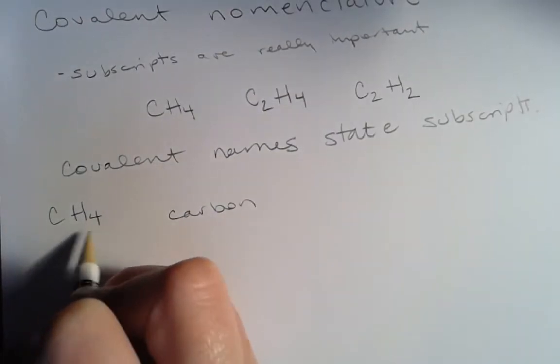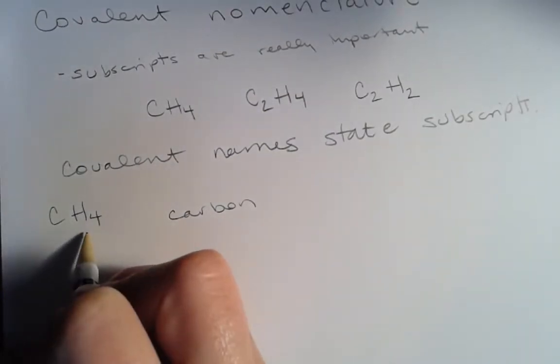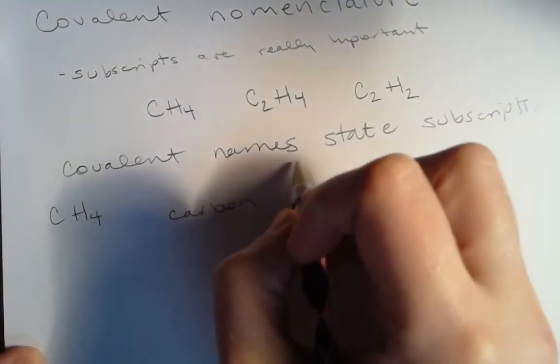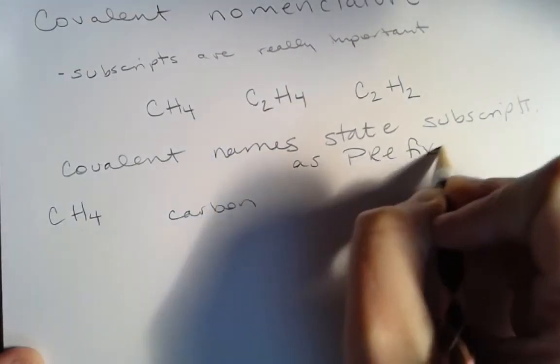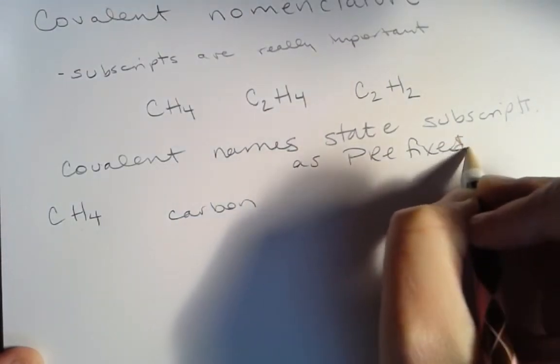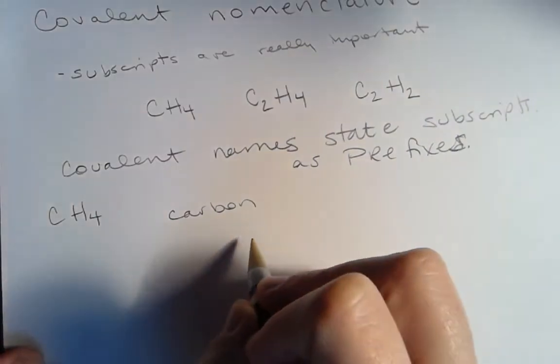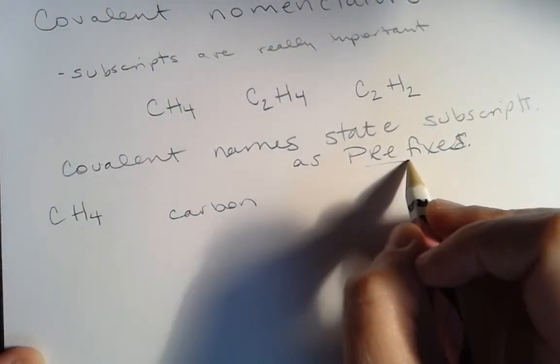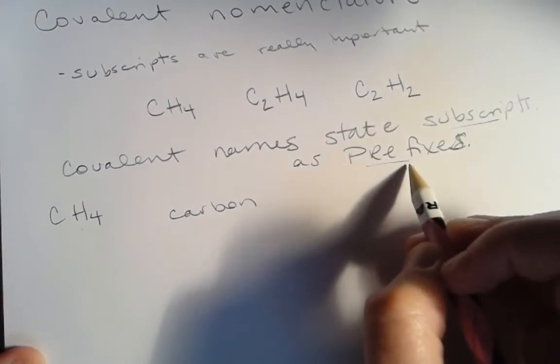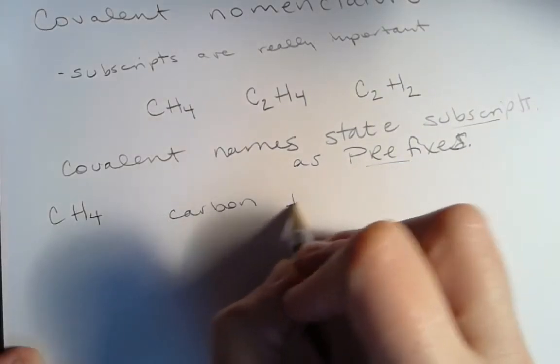There are 4 hydrogens, so we'll use our prefixes. Covalent names state subscripts as prefixes. There's only 1 carbon, great, but there are 4 hydrogens. That subscript is going to become a prefix. 4 hydrogens, prefix is tetra.